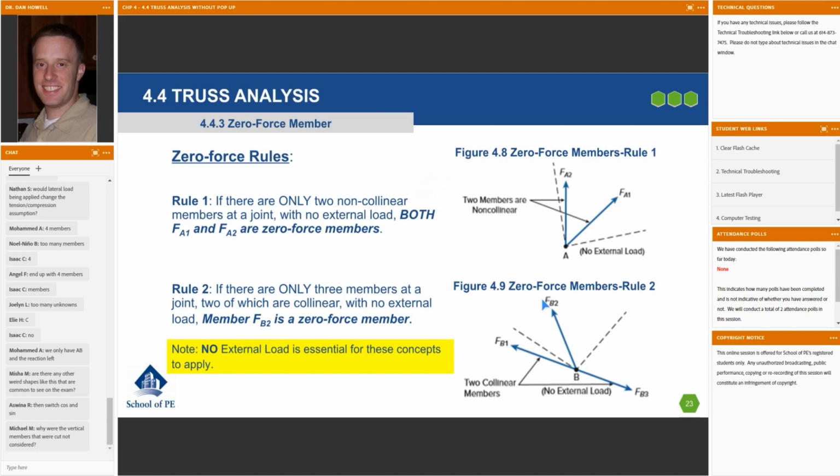Now the reason for that: if we drew the force triangle for FB2, it looks something like this. You say, well, what about the component parallel to the collinear members? Obviously, they're in equilibrium with that. I don't doubt that. I'll say yeah. But then I would counter that.